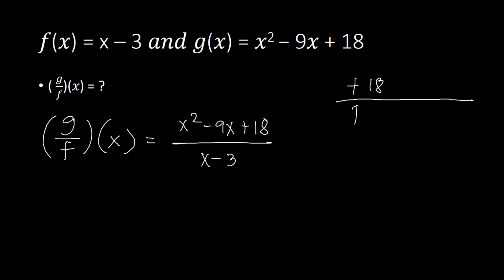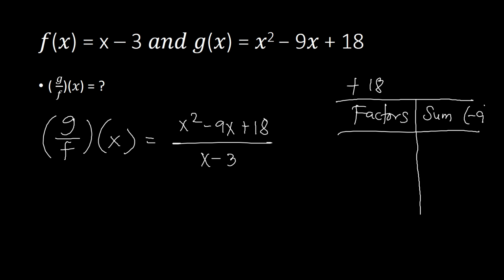We are going to base the sum of the factors on the middle term, which is negative 9. So their sum will be negative 9.